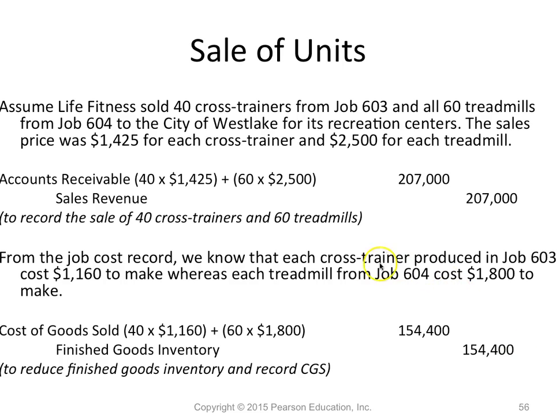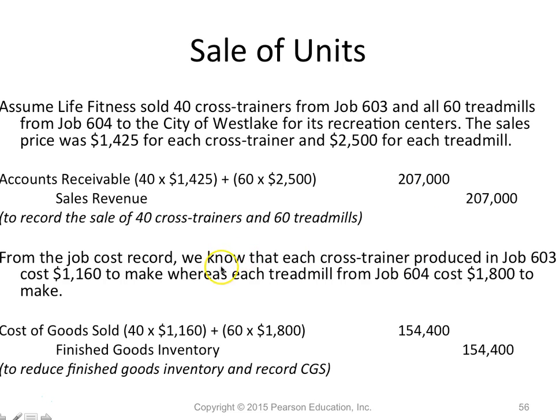So an easy calculation, 40 times the price and 60 times the price totals $207,000. It will be accounted for as sales revenue, increasing with a credit, and a receivable. We don't get a payment yet, so the same amount will be debited here.